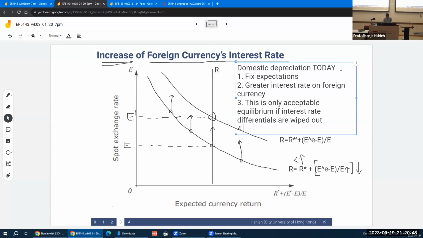And this must occur through capital gains on the dollar. Sorry, domestic currency must depreciate today so that it can appreciate in the future.